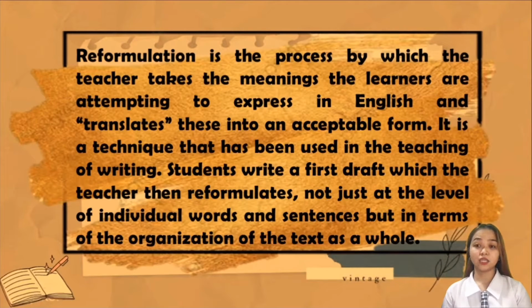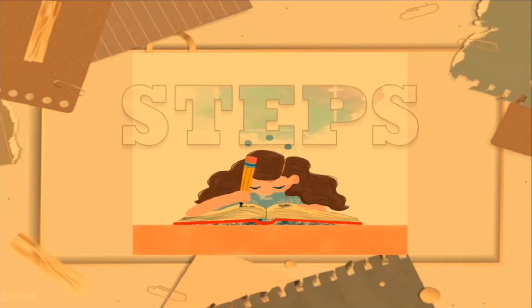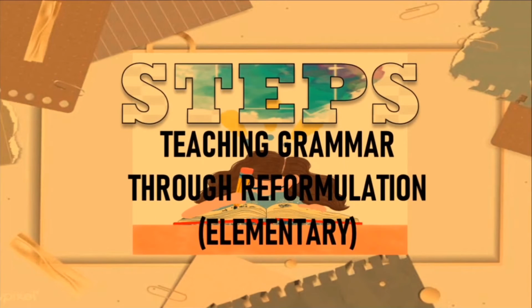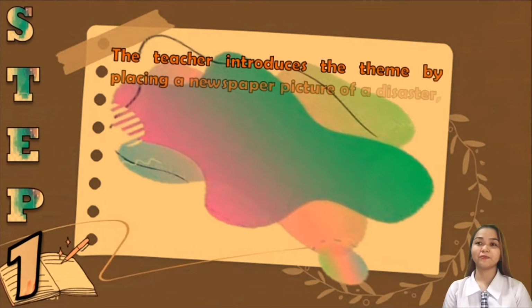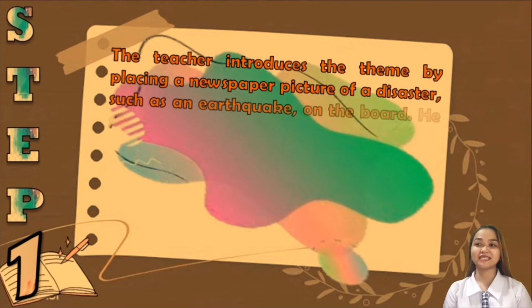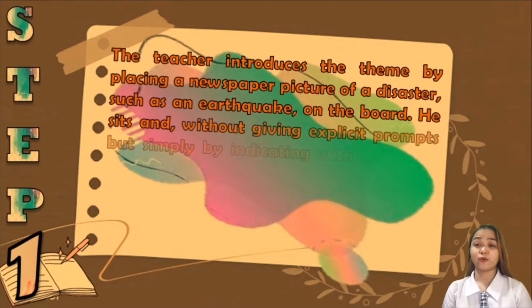In the lesson, the teacher introduces the language used for talking about disasters by reformulating a text jointly constructed by the students. These are the steps for teaching grammar through reformulation. Step 1. The teacher introduces the theme by placing a newspaper picture of a disaster, such as an earthquake, on the board.